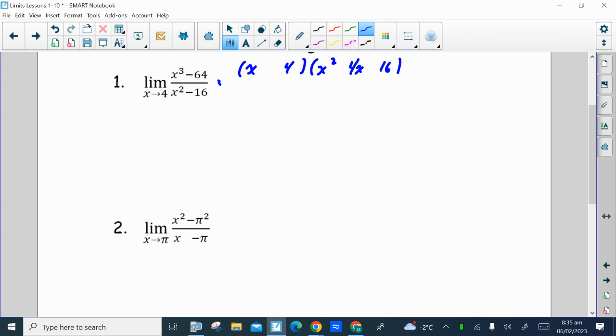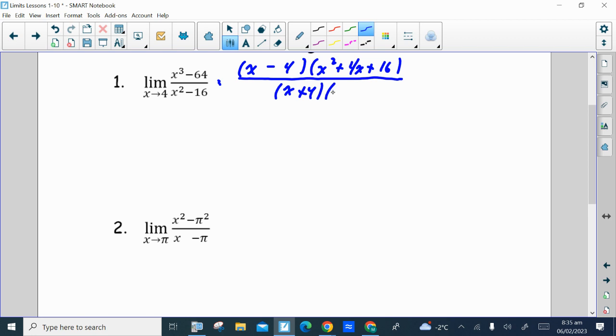And then you need to remember the sign pattern for difference of cubes is minus, plus, plus. All over x squared minus 16, which is a difference of squares, x plus 4, x minus 4. And I forgot to put the limit part in there, so I will make sure I add that in my next step.